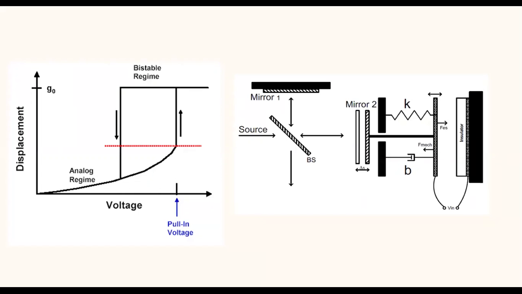Now, I should briefly mention the pull-in effect. The right figure shows the behavior of such a device. As the voltage difference between plates increases, the plates come closer and the mechanical force balances this with the spring and damper.